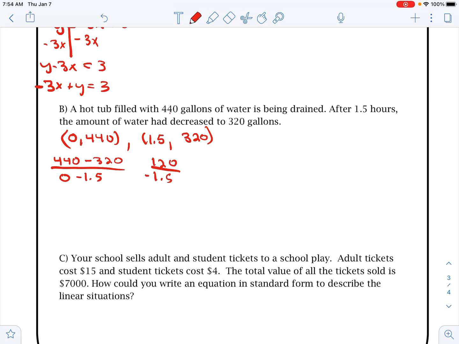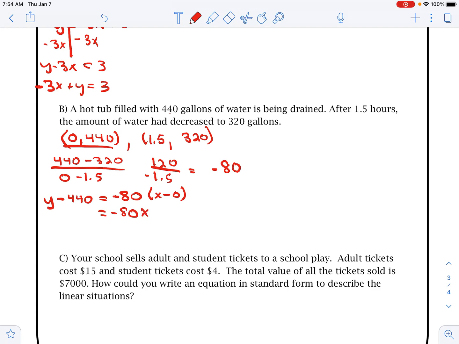Then I divide 120 by 1.5, and that is 80. That's negative 80. Then I just plug in the point, so I'll choose that point. So y minus my y value, 440, equals my slope, negative 80, and then x minus 0. So this actually makes it easy.